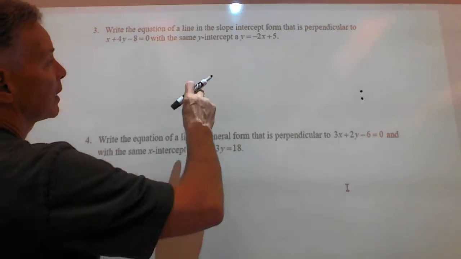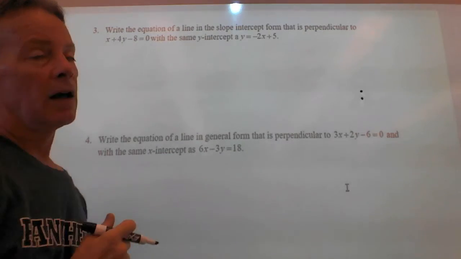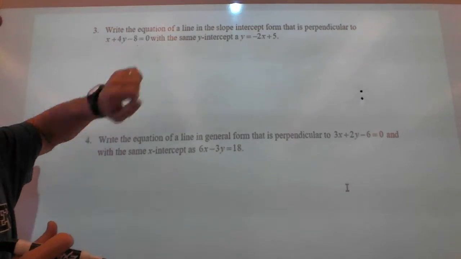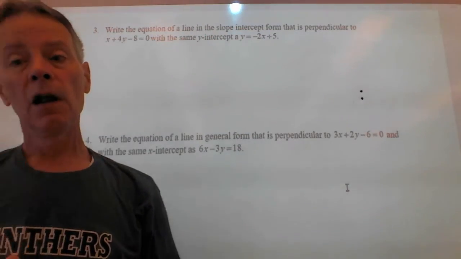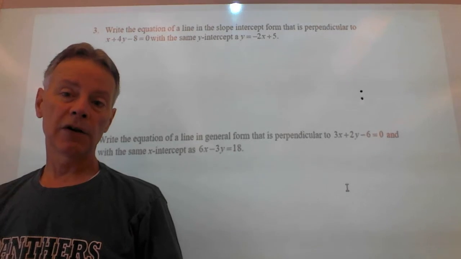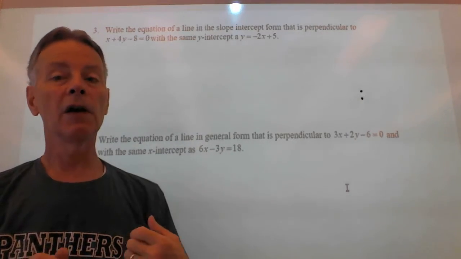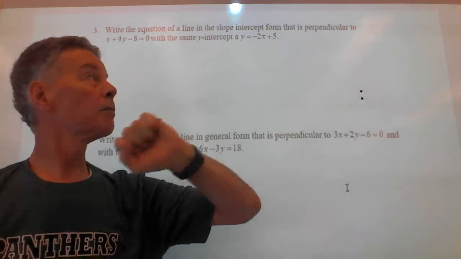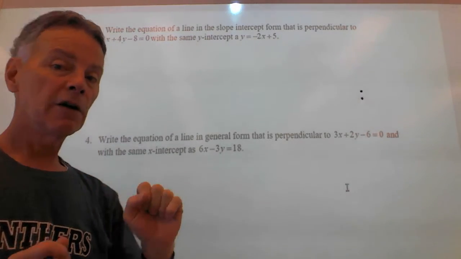And they're telling you this mystery line is perpendicular to this line. They're also telling you that this mystery line has the same y-intercept as this line. So they're not being nice and just saying, here's the slope, here's the intercept, plug it in. They're saying, we got this line over here that's perpendicular, and this other line over here with the same y-intercept.